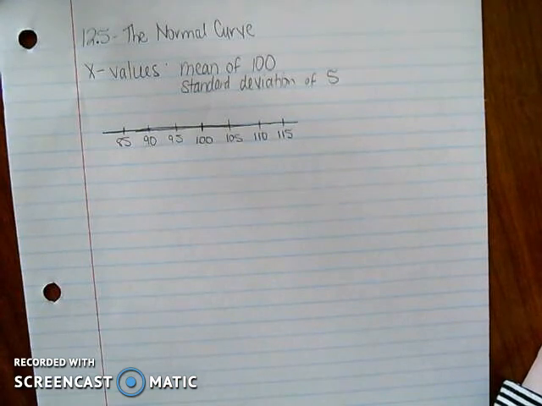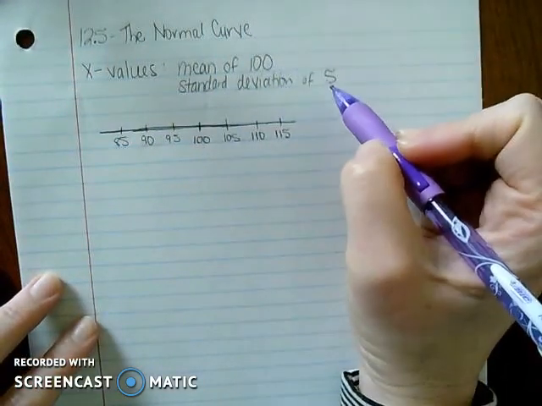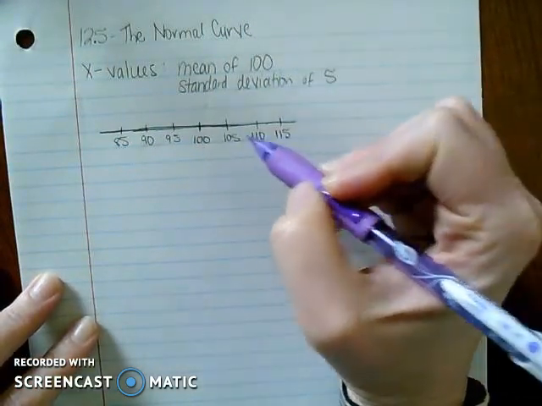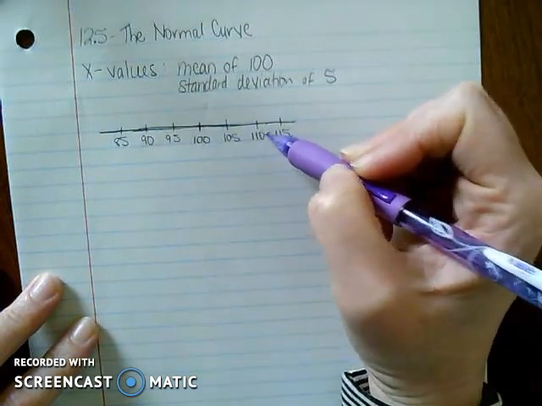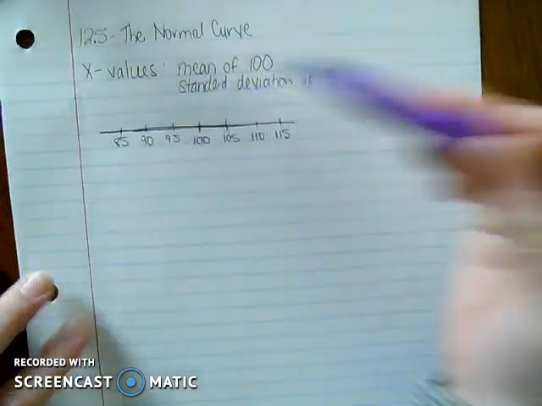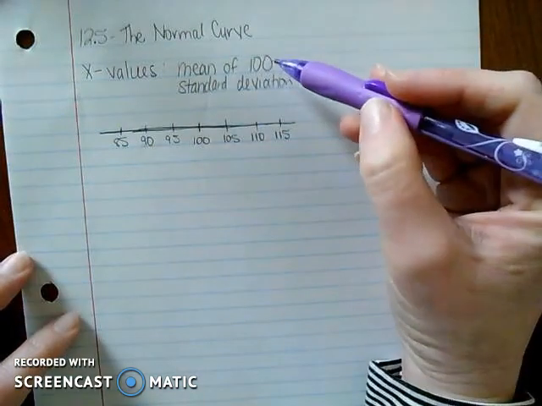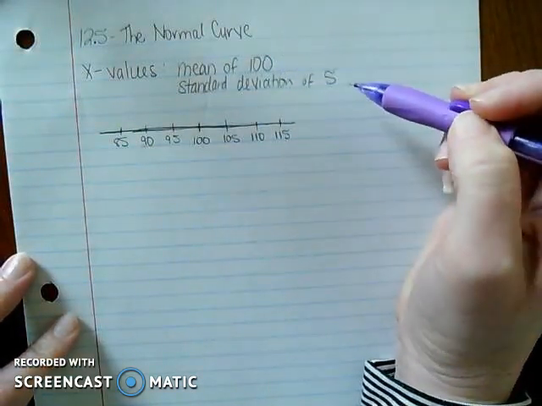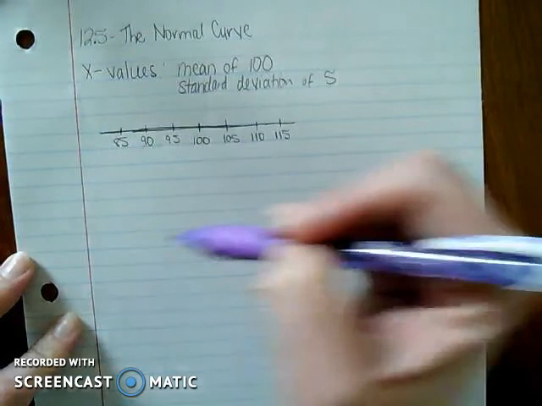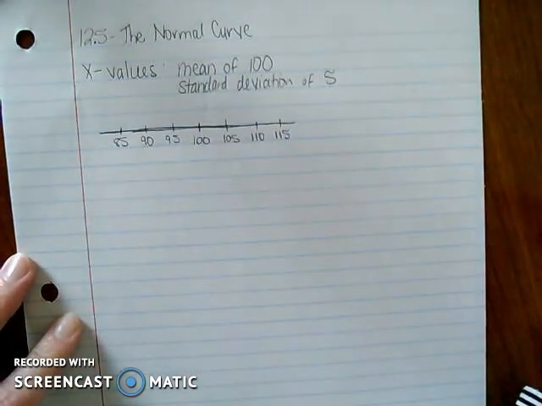That's what it could look like if you have a mean of 100 and standard deviation of 5. I could do this all over again with a mean of 100 and a standard deviation of 10. Then we would have 100, 110, 120, 130, 90, 80, 70, and so on. Or maybe my mean is only 20 and my standard deviation is 2. I could make up all kinds of different number lines.